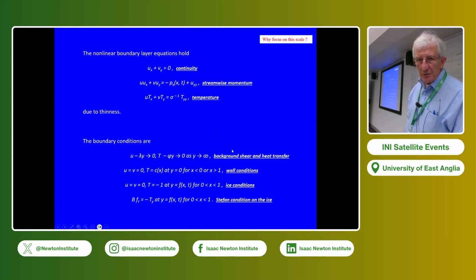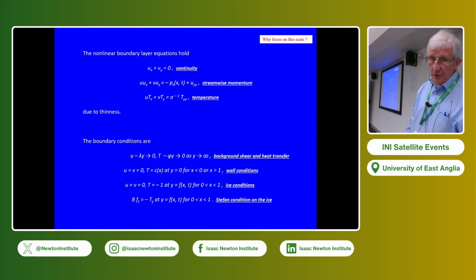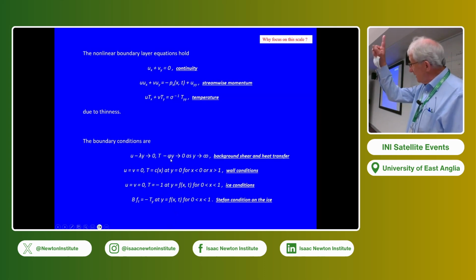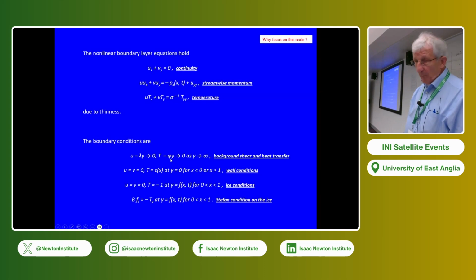The boundary conditions involve the background shear and heat transfer. So there's the U going like lambda y, far up or far upstream. The temperature is like phi y up there or upstream. That phi can be positive or negative, so there's warmer water or colder water up above in this model.